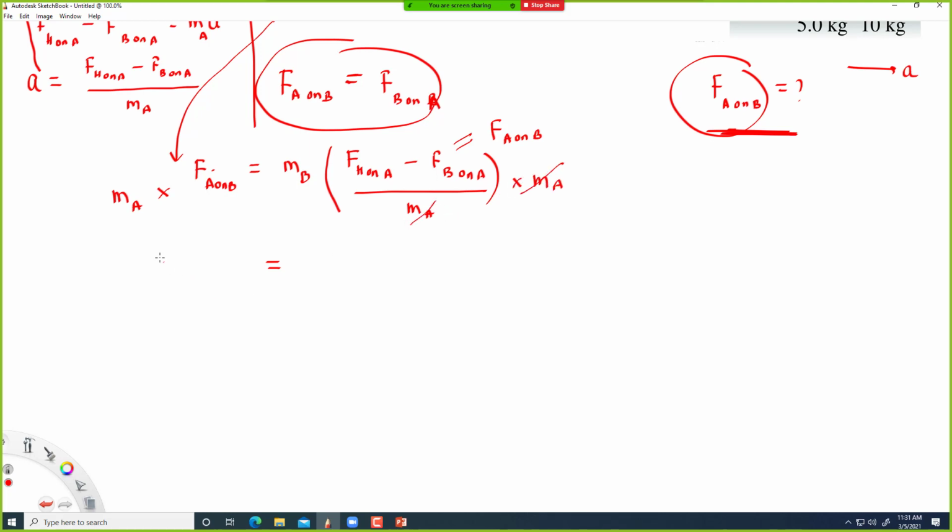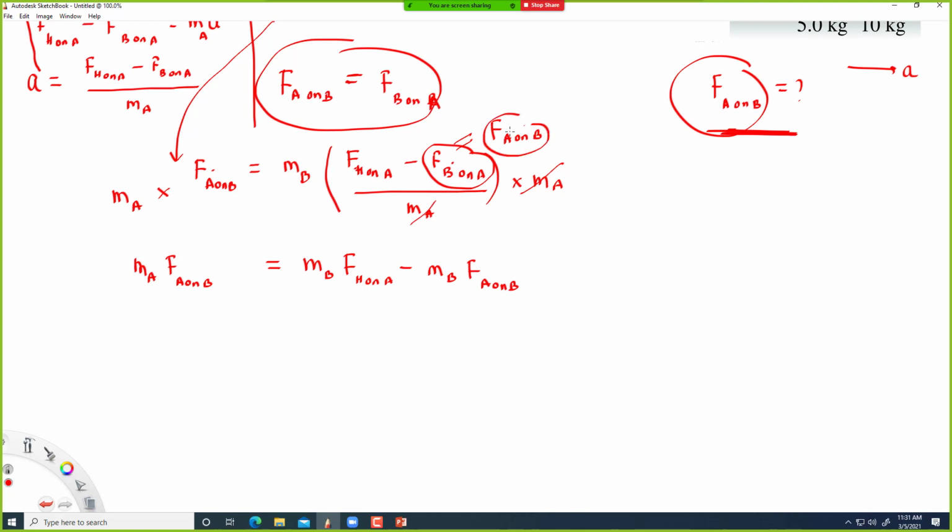So we have here M A F A on B is equal to M B times F H on A minus F A on B. All I'm doing is just distributing this M to each of these terms, and then this is basically that.